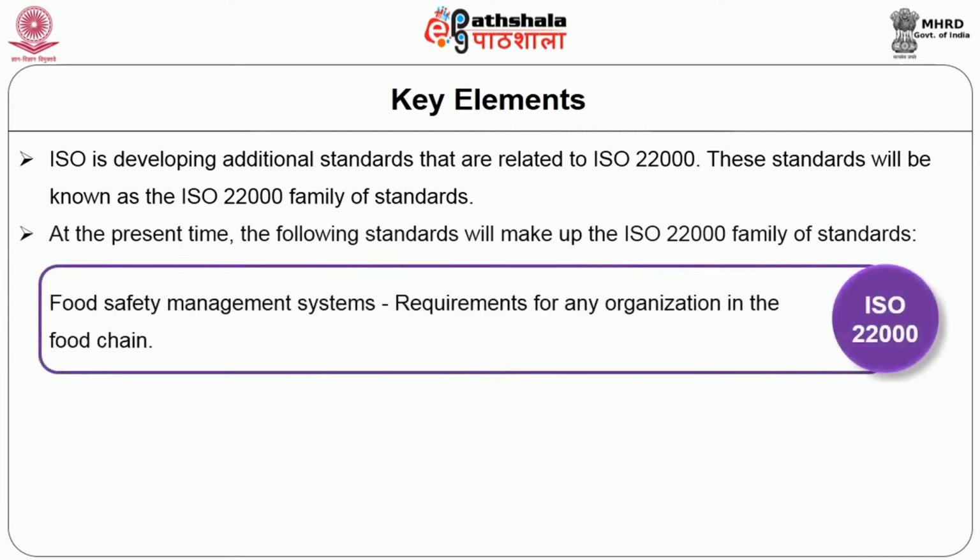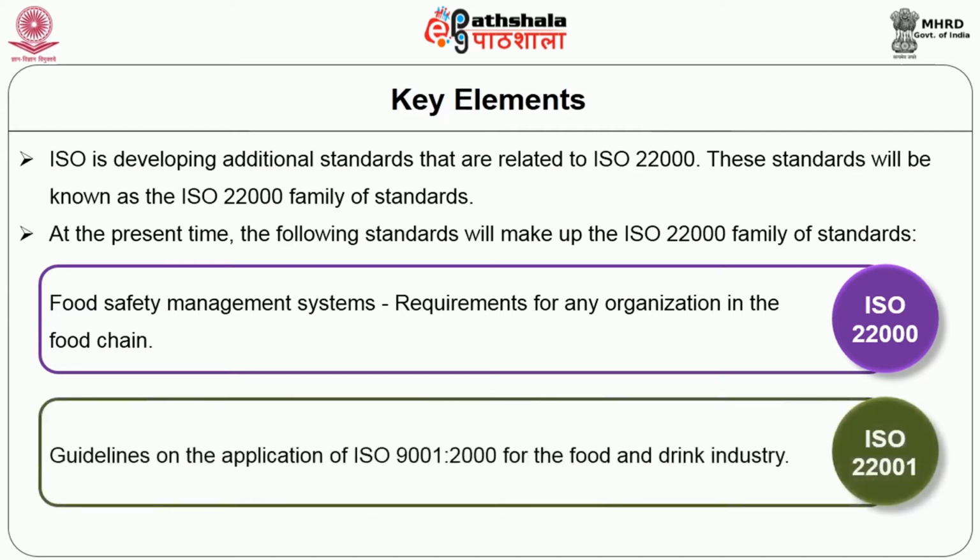ISO 22000, Food Safety Management System, requirements for any organization in the food chain. ISO 22001, Guidelines on the application of ISO 9001:2000 for the food and drink industry, which is replaced by ISO 15161:2001.